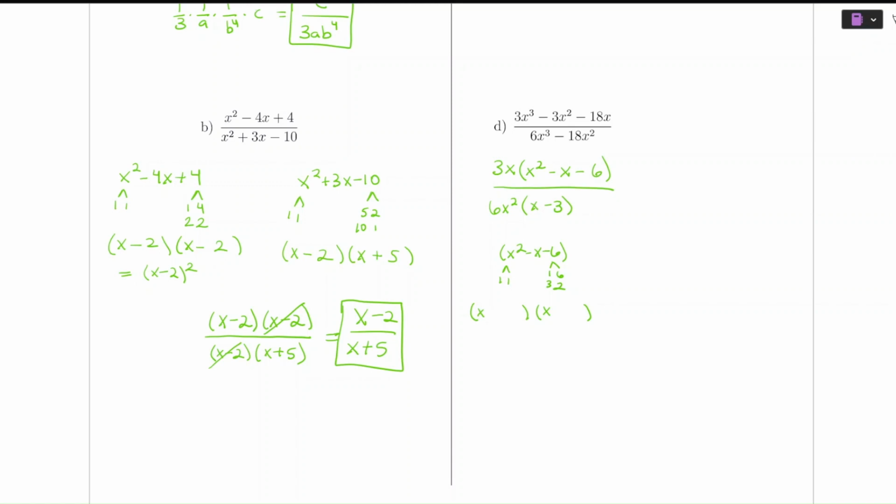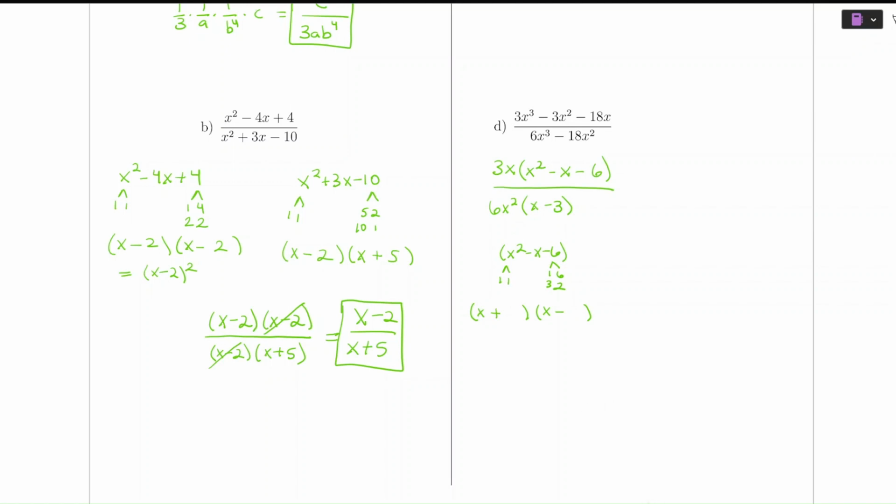I'm going to want one positive and one negative because I need a negative to get a negative x term. And I have a negative 6, so I can't have two negatives because two negatives multiplied by each other gives you a positive number.